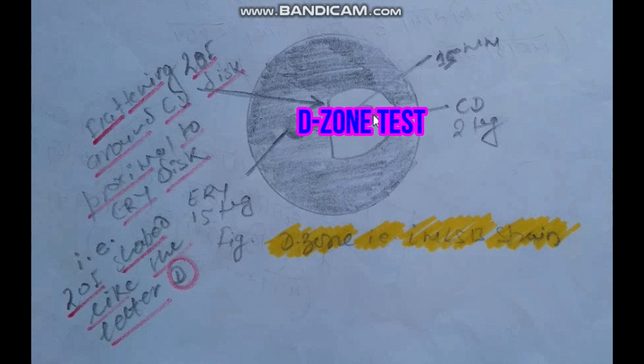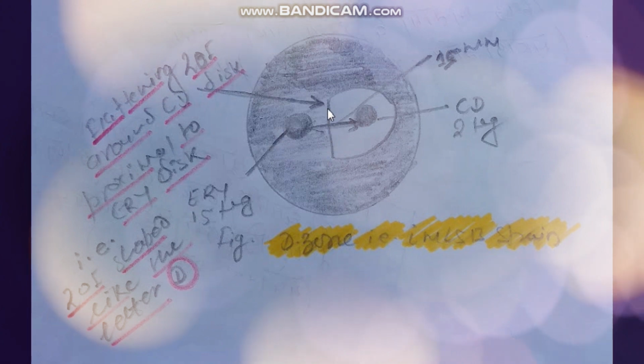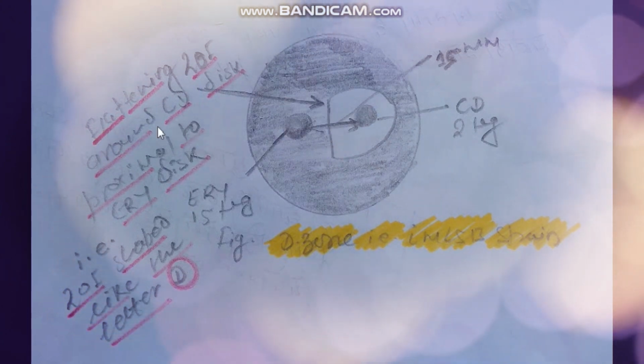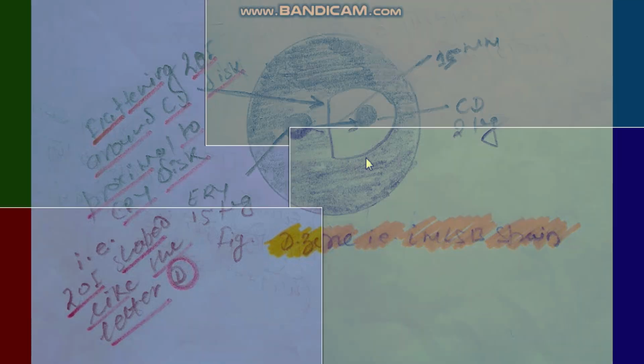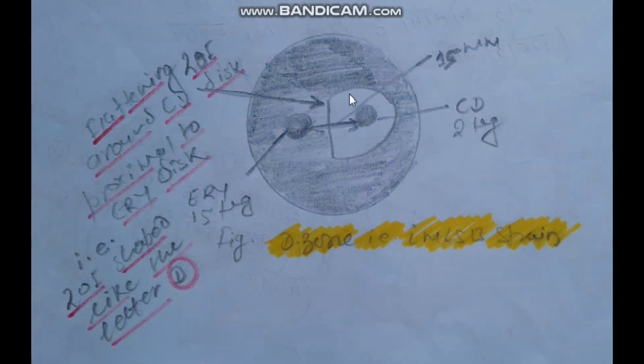So here we can see flattening of the zone of inhibition around the clindamycin disc proximal to the erythromycin disc. Here is the erythromycin, here is the clinda. That is a zone of inhibition shaped like the letter D. So the D-zone test is positive and the organism is an iMLSB strain.